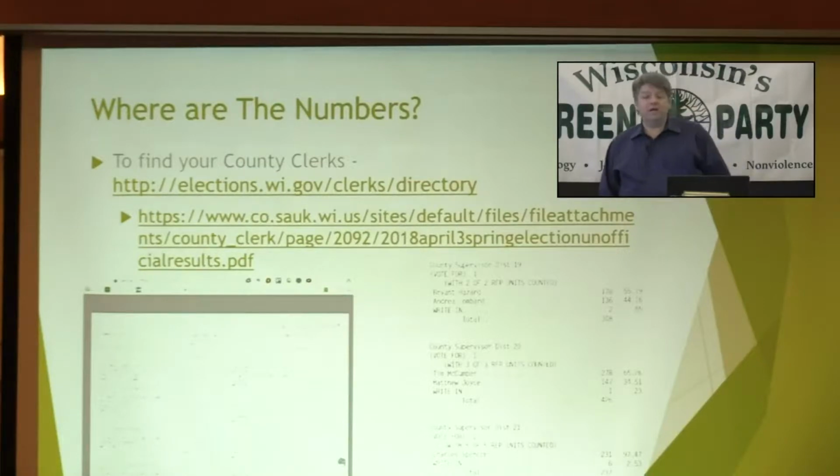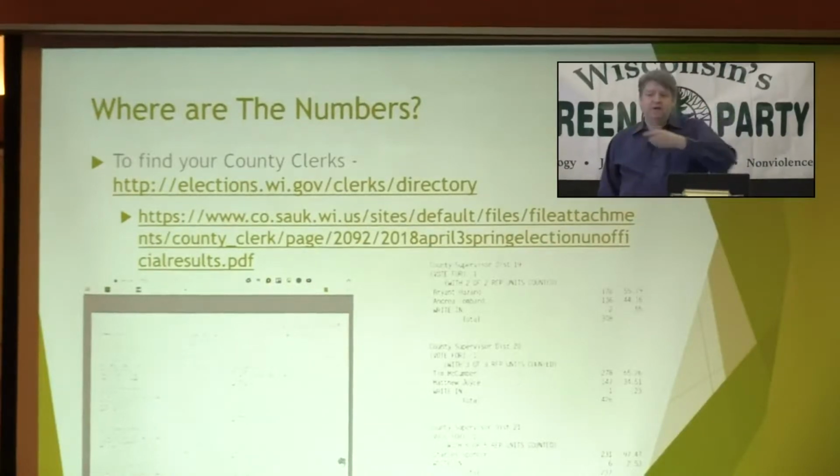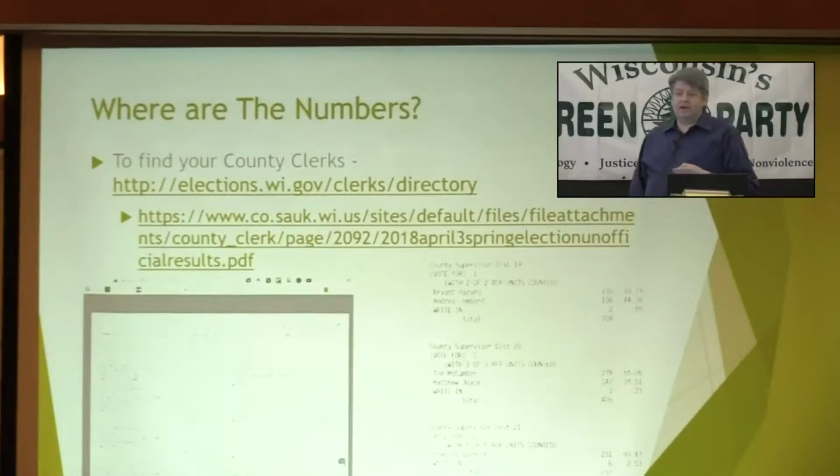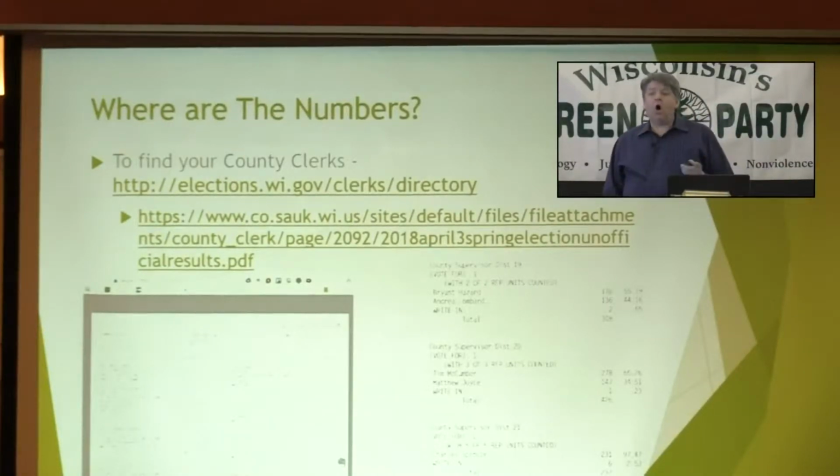So your winning number would have been 214. In this particular race that I'm using in this example, all you needed was 214 votes in order to have won.